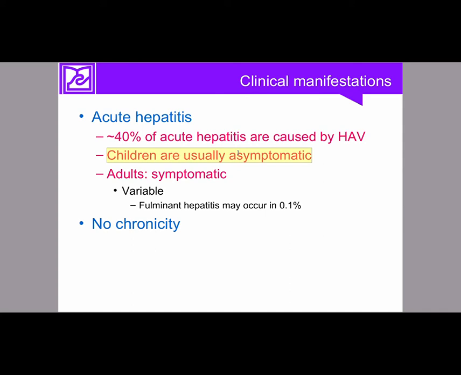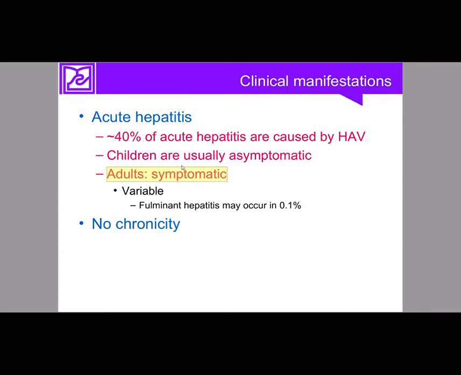However, currently, sanitation has improved a lot. So children are not infected in school. So they are susceptible when they become adults. So some adults may become infected now and they will suffer a symptomatic disease. This is very interesting. Do you understand the problem? So sanitation improves, yes.